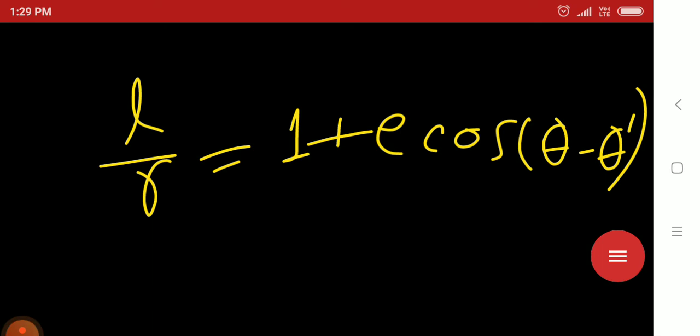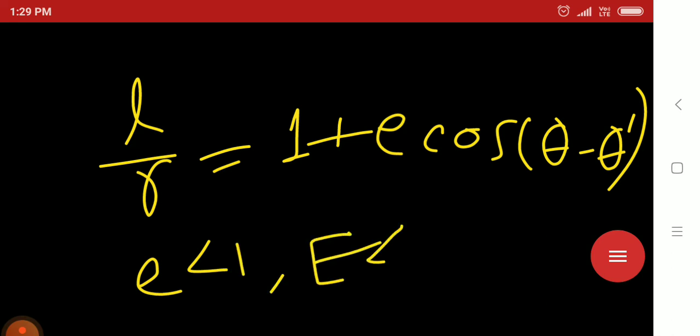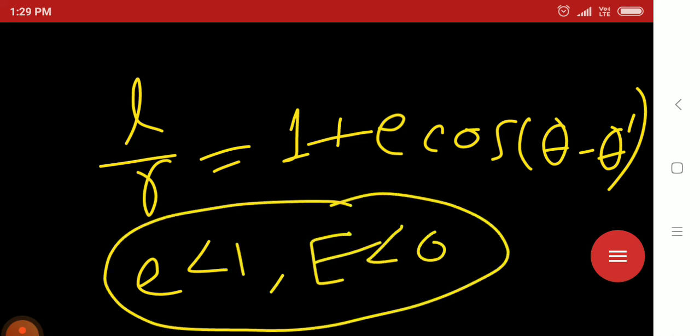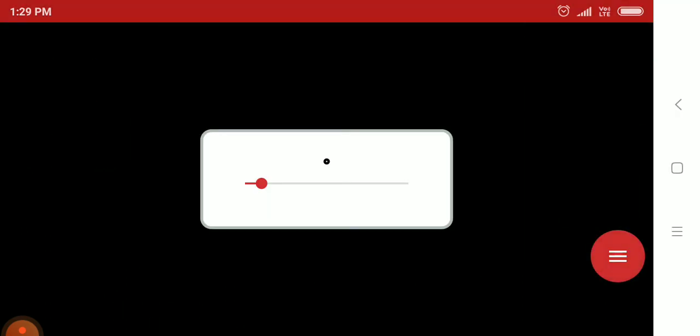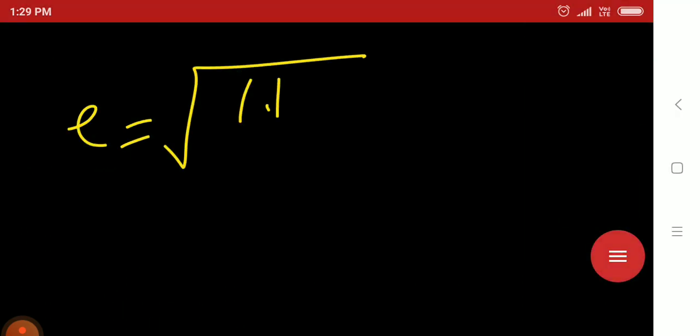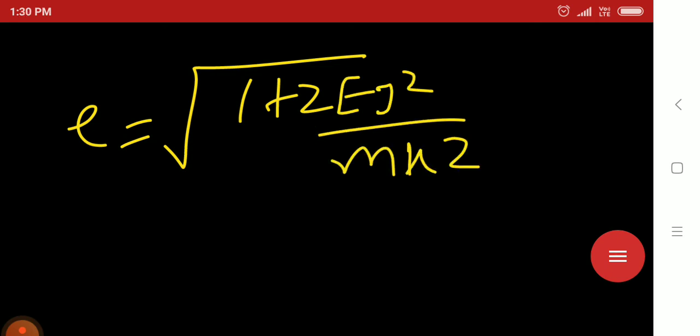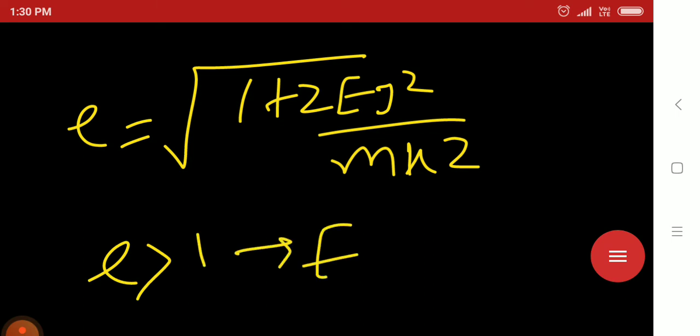For an elliptical orbit, the condition is E less than 1. If E equals root of 1 plus 2E J square by m k square, then E greater than 1 will define a hyperbola.